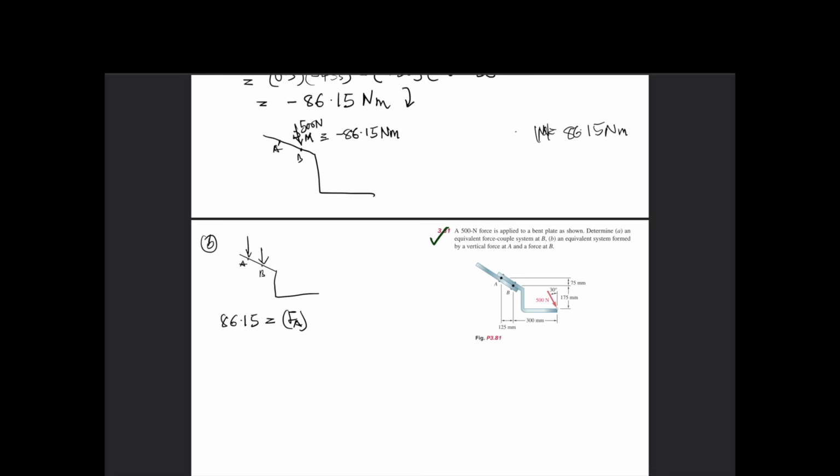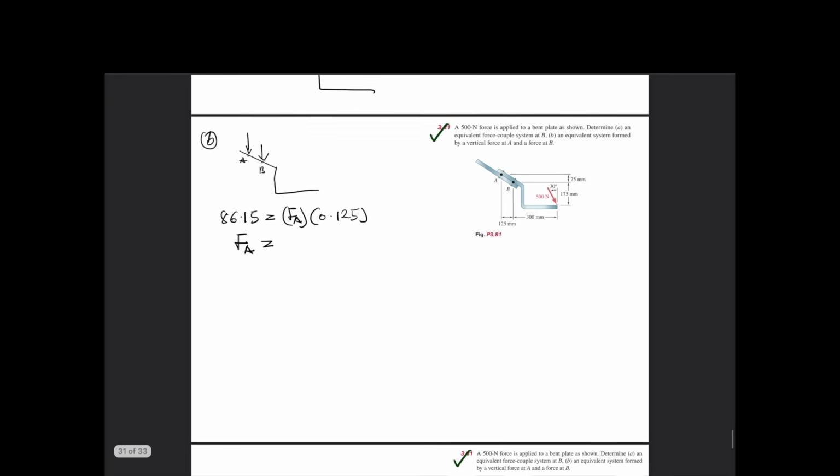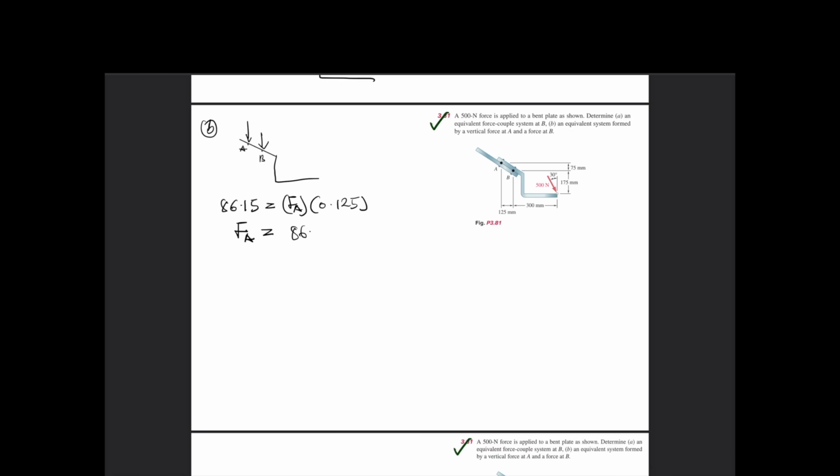So I'm going to write that as 0.125. So you can calculate our FA as 86.15 over 0.125, which is going to give us 689.2 Newton.